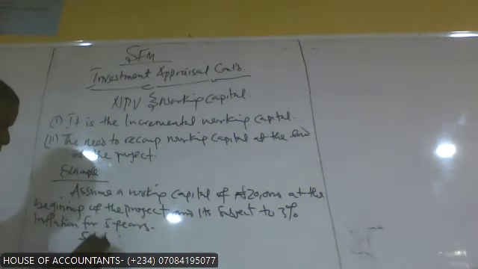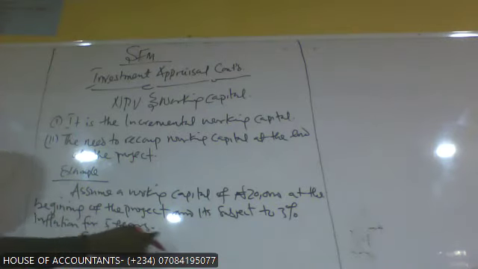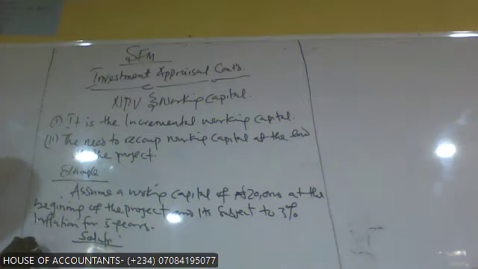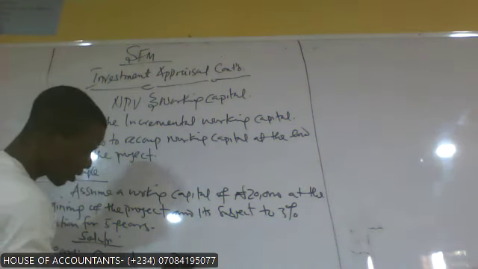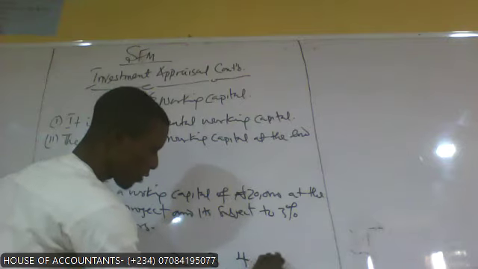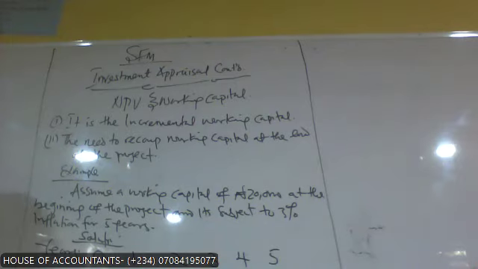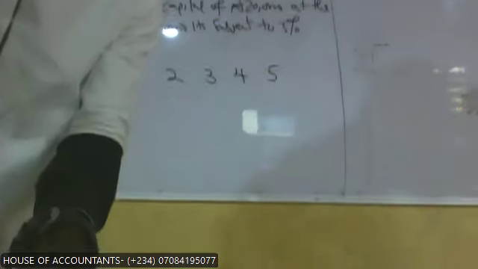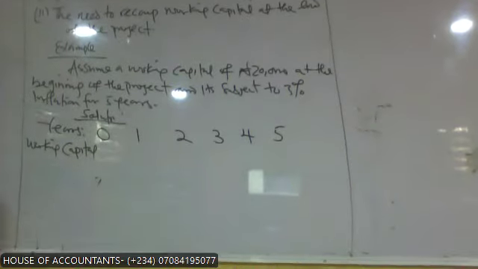So, solution. Now, let's say the project is a 5-year project. We have the years: year 0, year 1, year 2, year 3, year 4, and year 5.